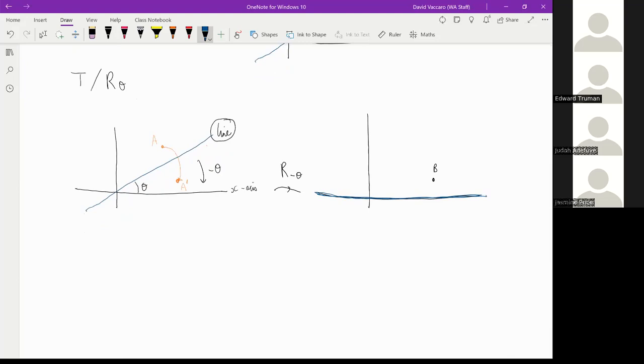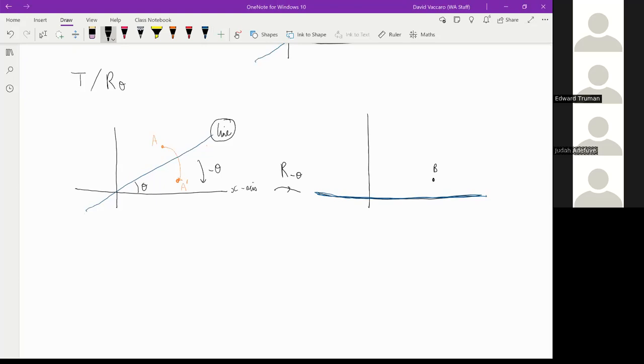What can we do next? Overall, we want the matrix which is the reflection in the blue line. But what we can do next, excellent, someone's put it in the chat. They've said we can reflect and then rotate back.